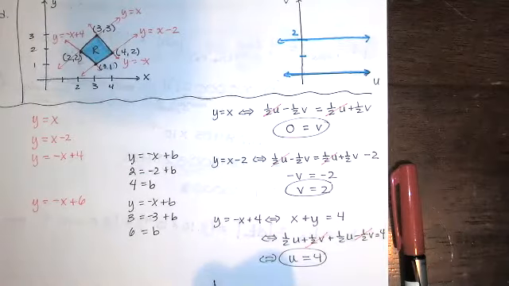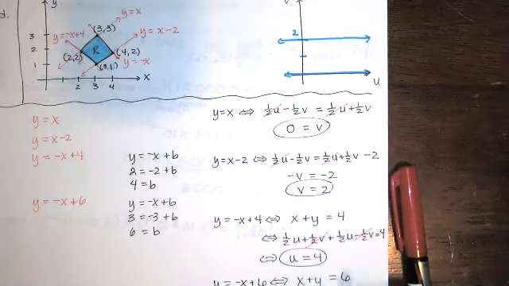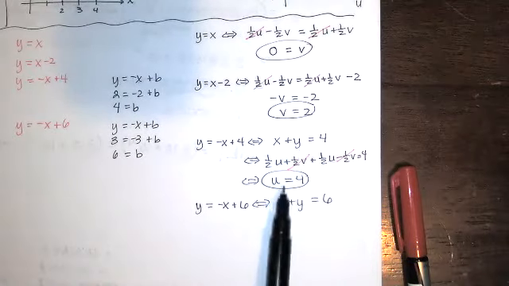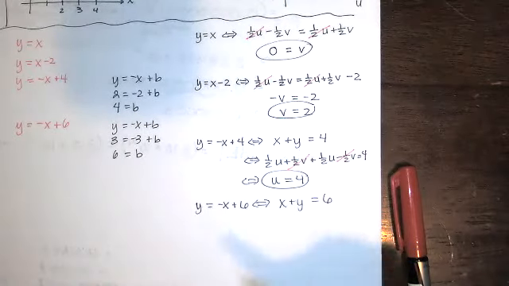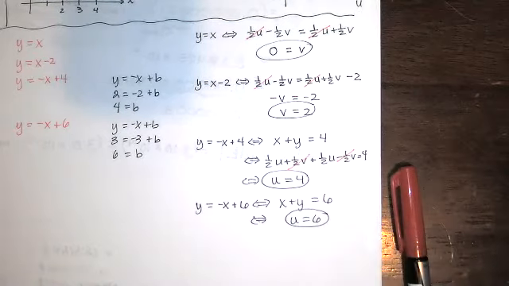And then y equals -x plus 6 corresponds to x plus y equals 6. And as we saw up here, x plus y simplifies to just u. So this is going to be u equals 6. So our region S is bounded by v equals 0, v equals 2, u equals 4, u equals 6.